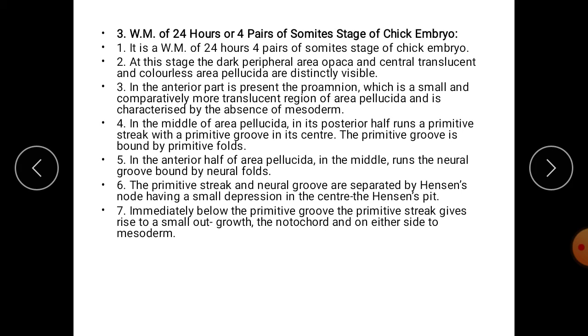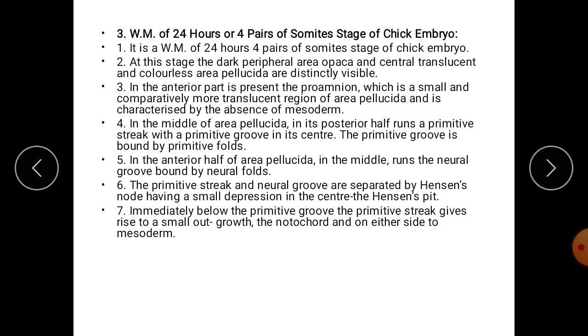After 20 hours of incubation, for every 1 hour, 1 pair of somites is added on either side of the notochord. Therefore, how do you decide that this embryo is a 24 hours chick embryo?